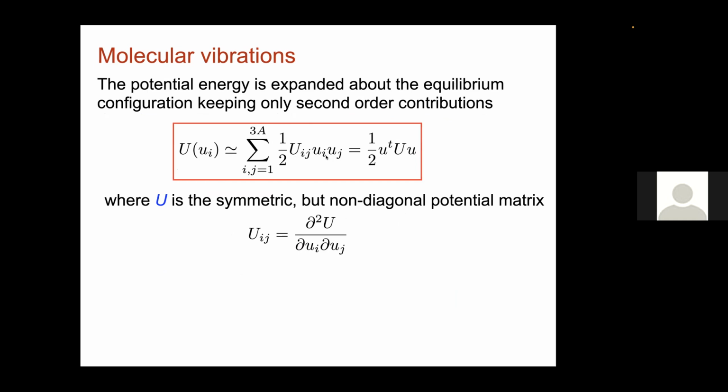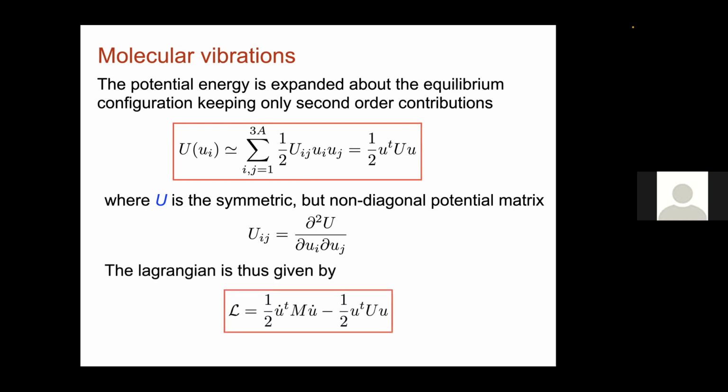For molecules, it's exactly the same thing. You expand the potential energy up to second order, and then you find a quadratic form, which is given by this. So this means that the Lagrangian for the molecule vibrations is just given by this in matrix form.